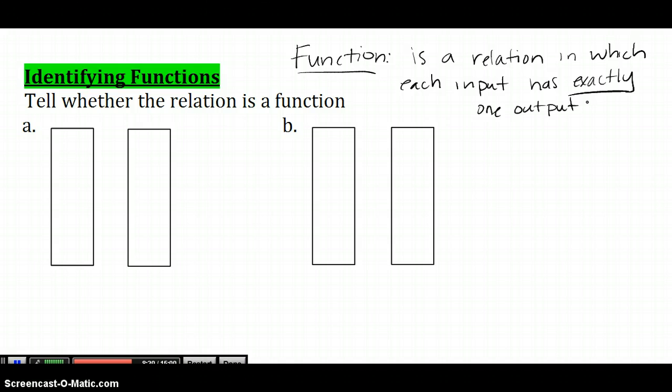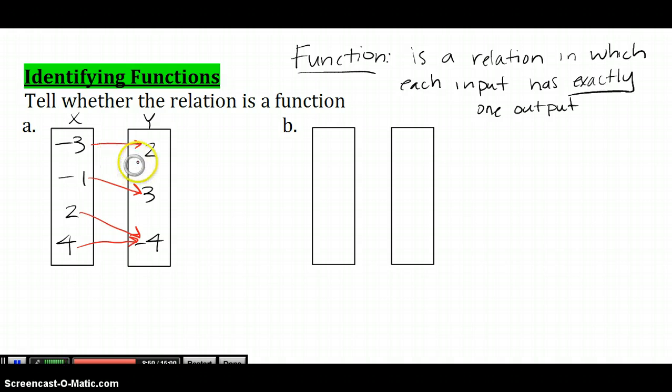So if I have a couple different mapping diagrams here, let's say this is my x and my y, and I have negative 3, negative 1, 2, 4, 2, 3, negative 4. And let's say my negative 3 is mapped to 2, my negative 1 is mapped to 3, and both 2 and 4 are mapped to negative 4.